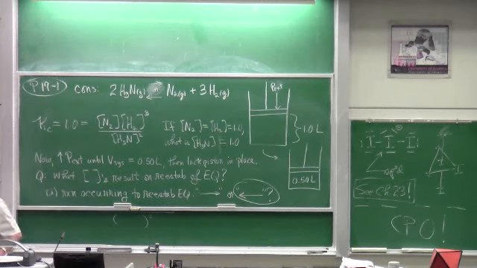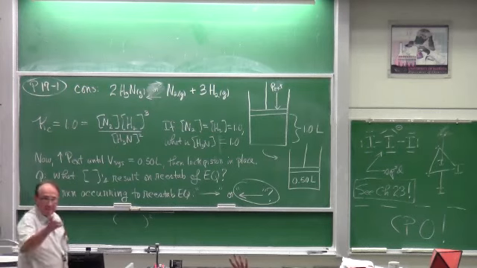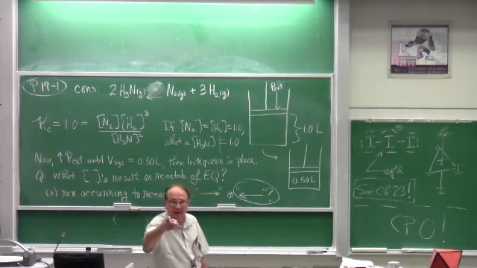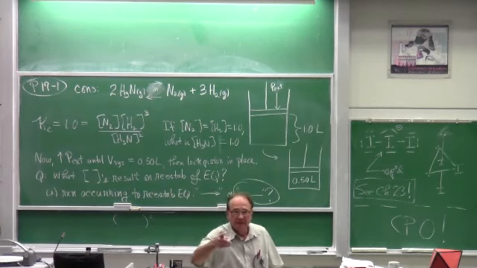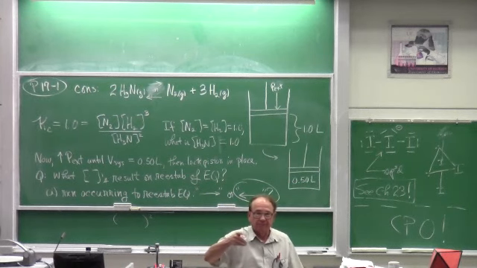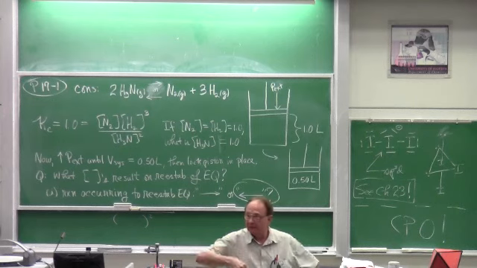Is this correct? Yes. That's correct. How do you know this? Because of the pressure increase, it'll go in the direction that has fewer moles of gas molecules. That's right.